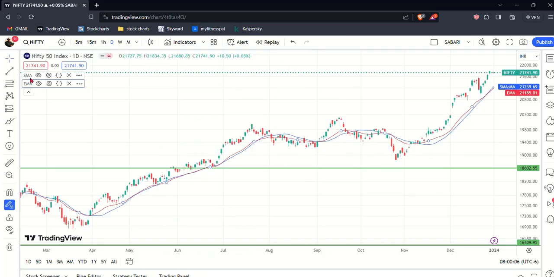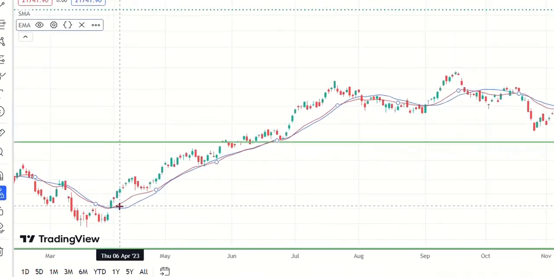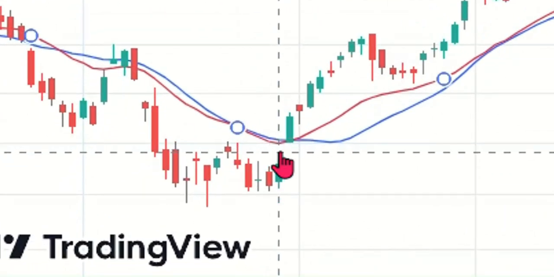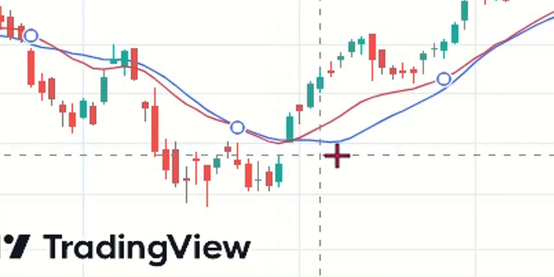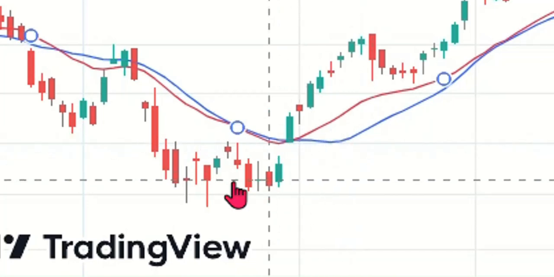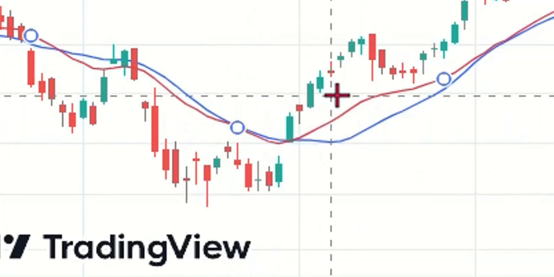Here I have SMA and EMA. If you observe here, SMA is in blue, EMA is in red. The EMA reacts to the price much earlier compared to SMA. So here there is a price change, a movement upwards.